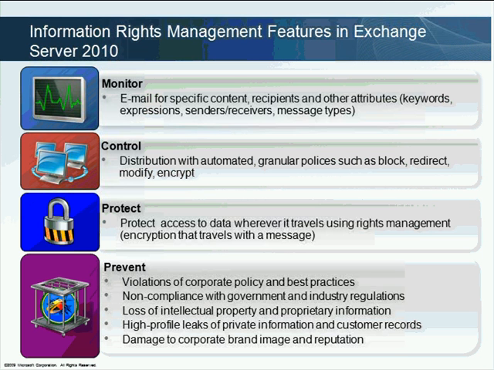Protect is the third one: protect access to the data wherever it travels using rights management, so encryption that travels with a message. Now, this is something that everybody wants. Let's take an example. I am working in Microsoft Office as of now. Internally, if I am accessing my mails, it's okay, I'm secure. If someone sends me a mail, I can see it on my laptop.